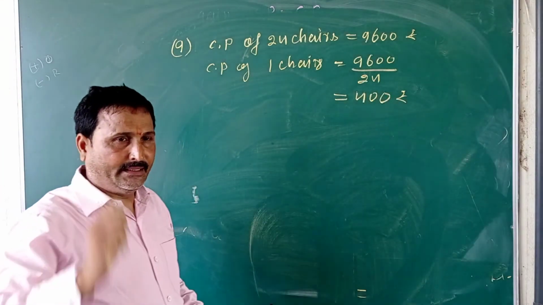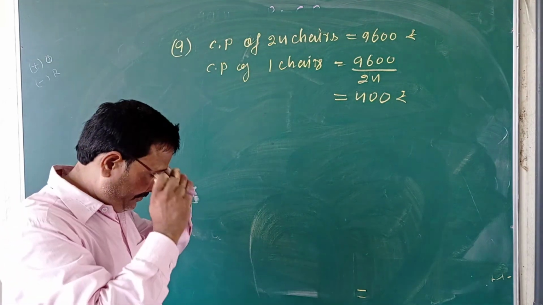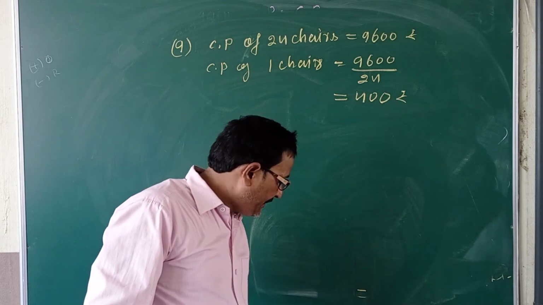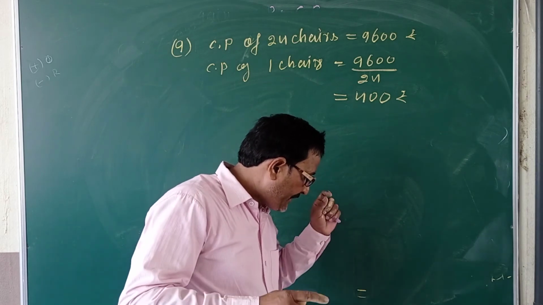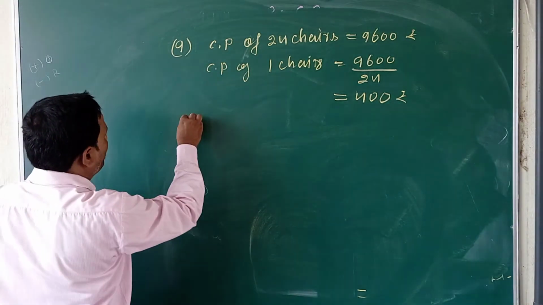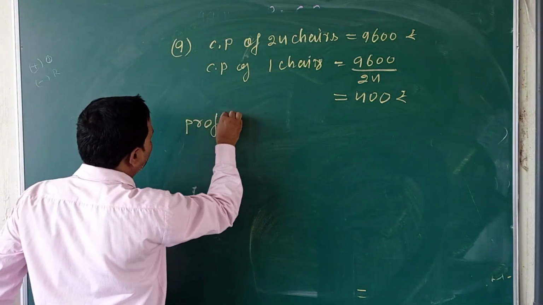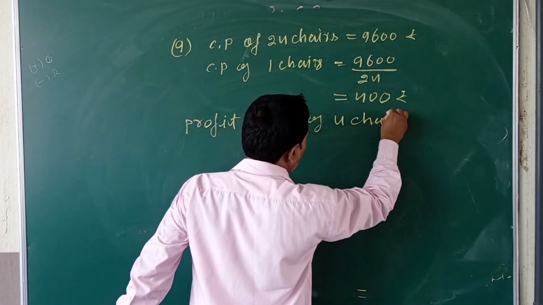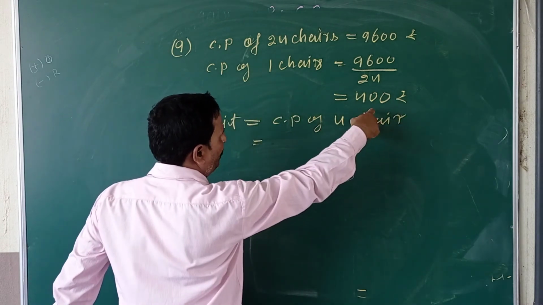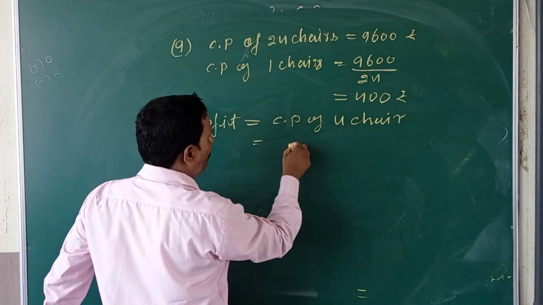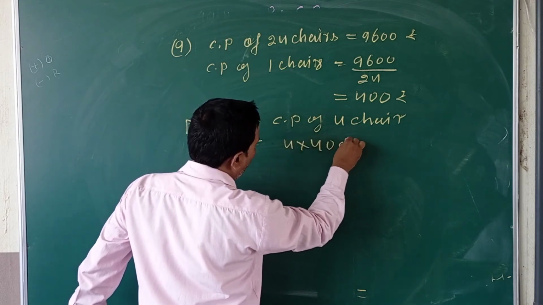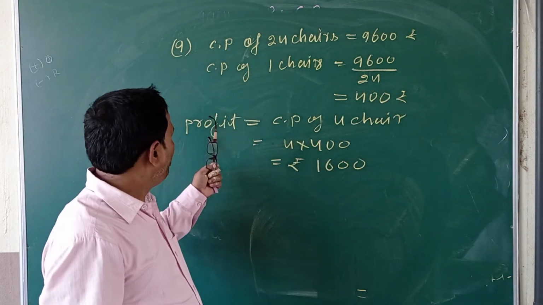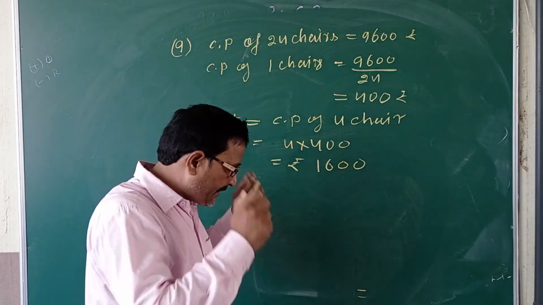Now the question says he sold these at a profit equal to the CP of 4 chairs. Profit is equal to the CP of 4 chairs. The CP of 1 chair is already there, so the CP of 4 chairs is 4 multiplied by 400, that will be rupees 1600. This is the profit in the whole transaction.